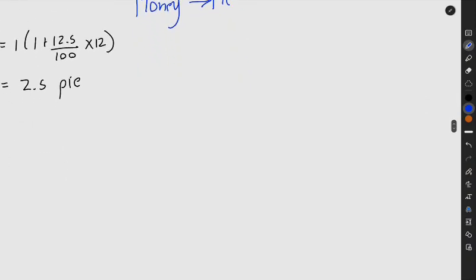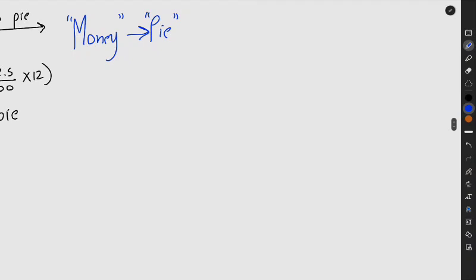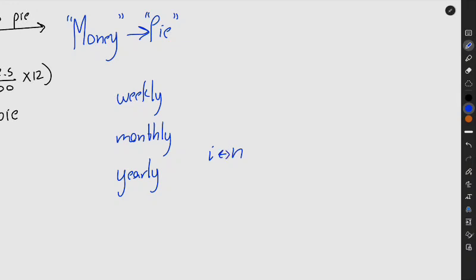In our world, interest rate comes in different forms. So we've got to be wary of that. From weekly to monthly to yearly. And you've got to make sure that your interest rate and your terms are compatible. For example, you wouldn't want to be using, say, a weekly interest rate with a yearly term, because it wouldn't make any sense.